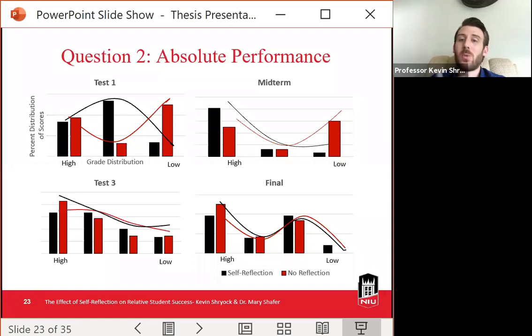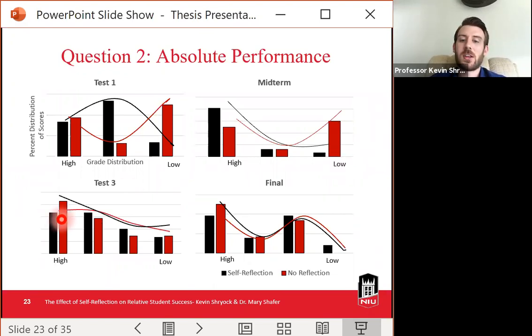Either they were already high performers and they think that the self-reflection exercises weren't necessary for them, again, this group right here, or they are not the high performers and they just simply don't want to do the extra work that would be required to reflect. That's this group right here. Now we can see that by the midterm, the self-reflection students have all shifted towards the higher scores.